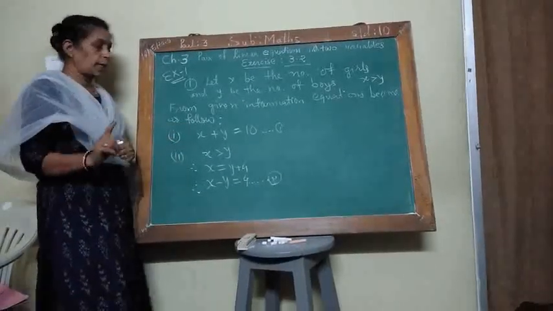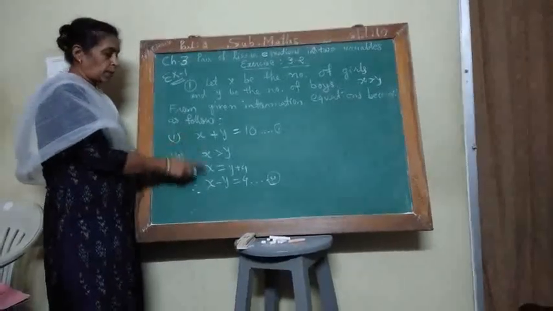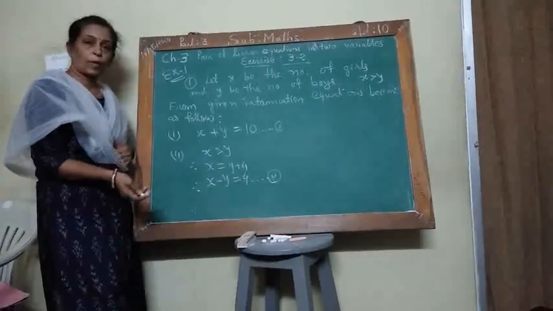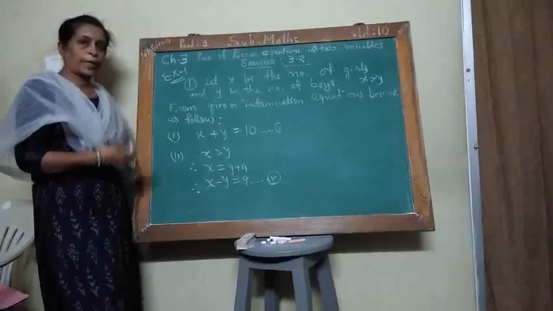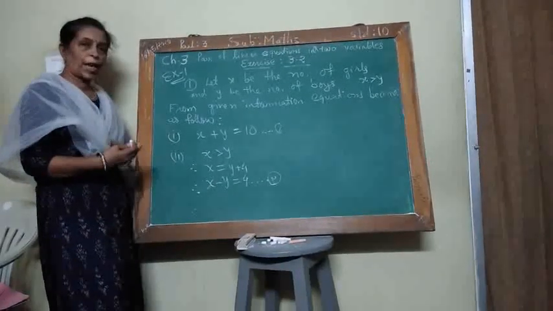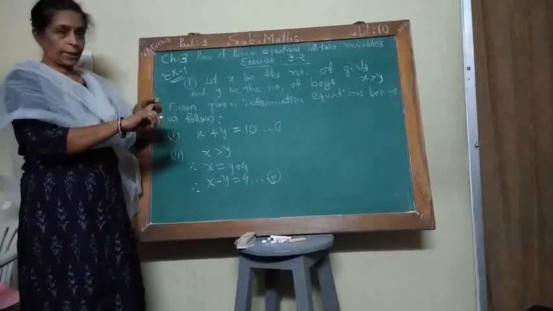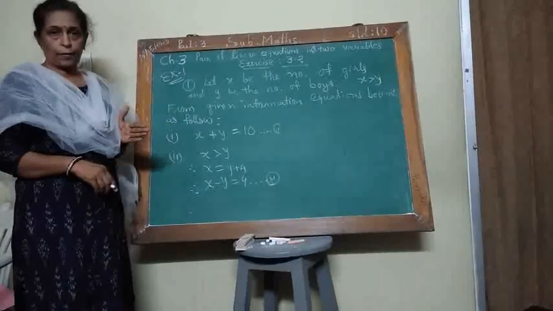Now I have already said in part 1 that if you take the ratios a1 upon a2 and b1 upon b2, and they are not equal, then we get a unique solution. So before drawing the graph, you predict which type of lines you get: parallel lines, intersecting lines, or coincident lines.